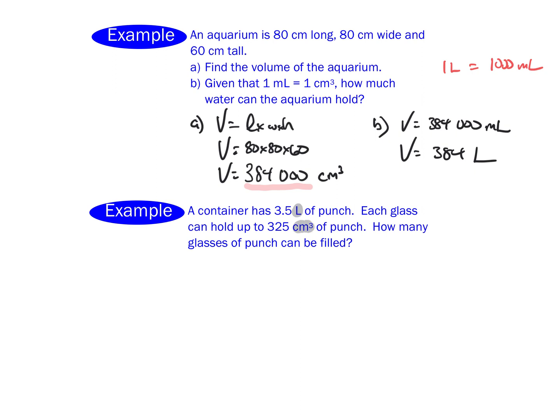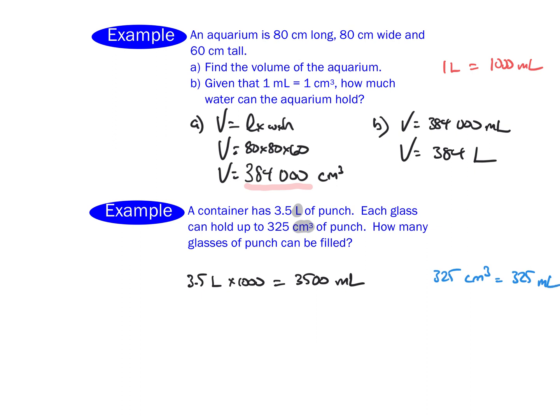So 3.5 liters times 1,000 will give us 3,500 milliliters, and 325 centimeters cubed is going to be 325 milliliters.